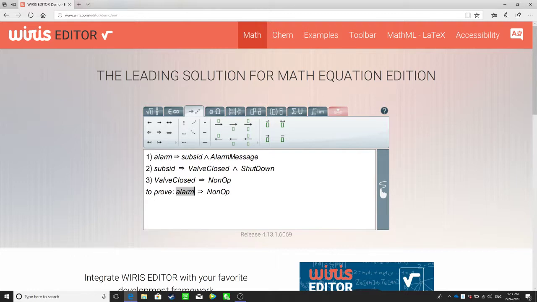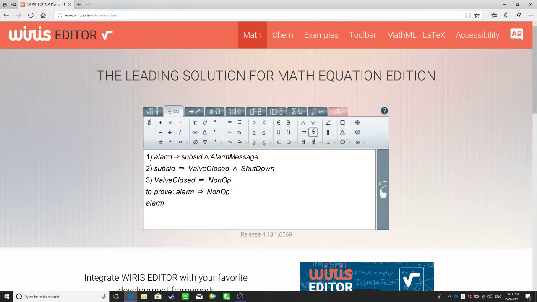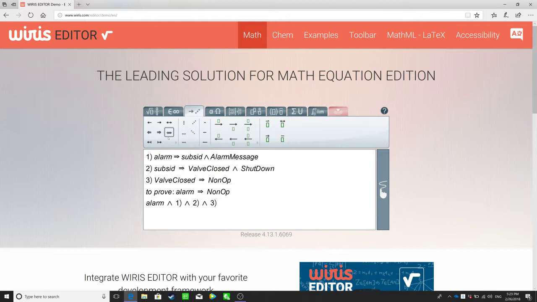Basically it's the same thing as what we want to do here. We know alarm, and we know 1, 2, and 3, and we want to prove non-op.